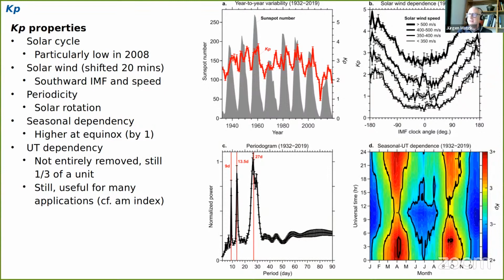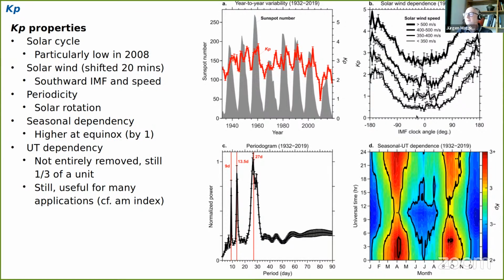Mean AP was calculated, and then the corresponding KP value is given. You can see the well-known feature that during the declining phase of the solar cycle, you have maximum KP values, and you can also very nicely see how low the mean KP value was during 2008, where we had very few sunspots.